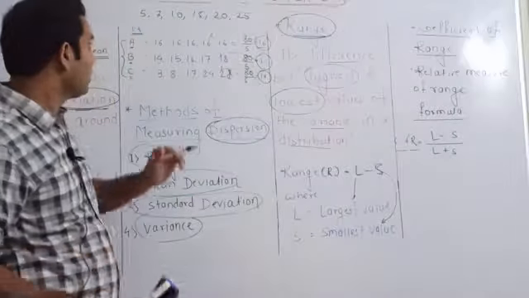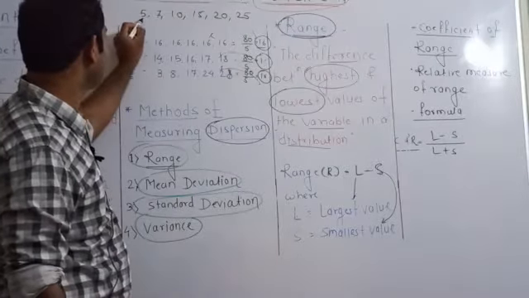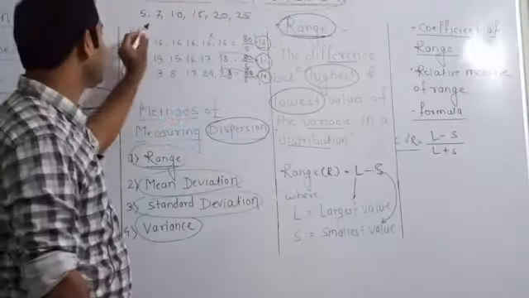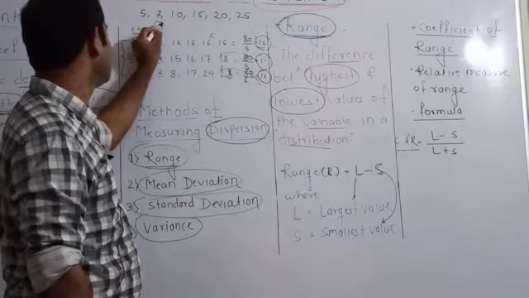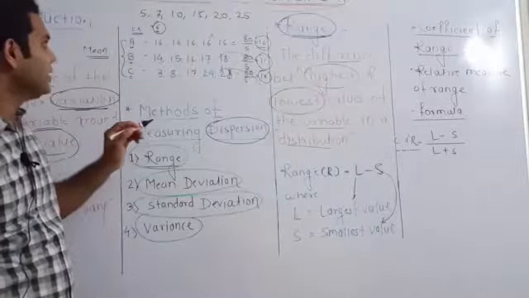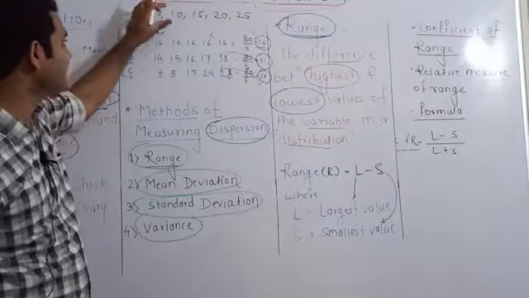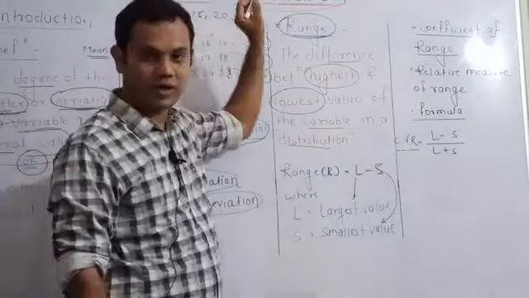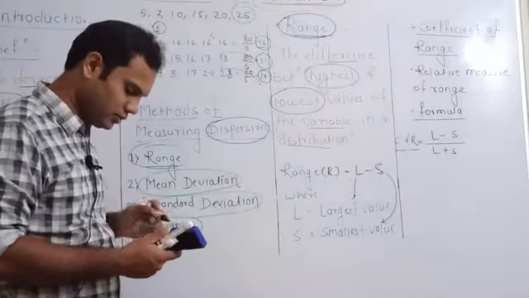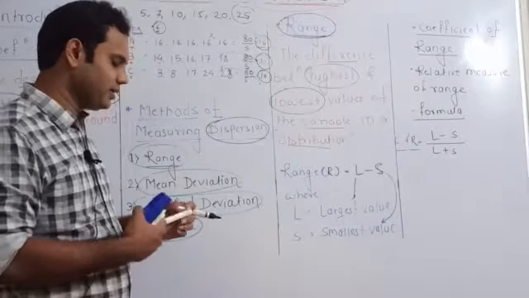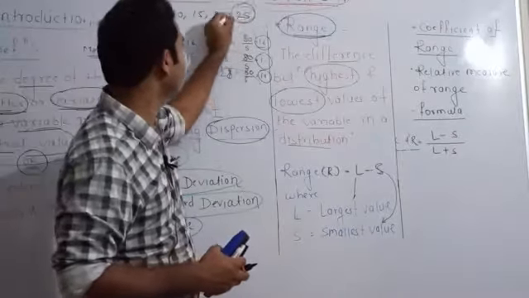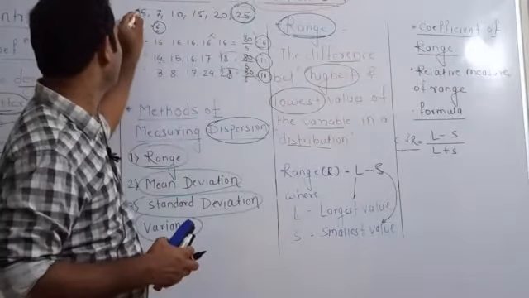How many observations are there? 1, 2, 3, 4, 5, 6. There are 6 observations. If you observe this data set, you will find the highest value is 25 and the lowest value is 5.